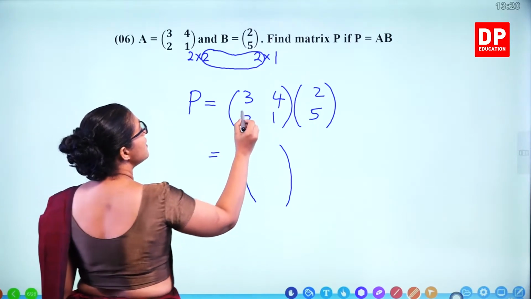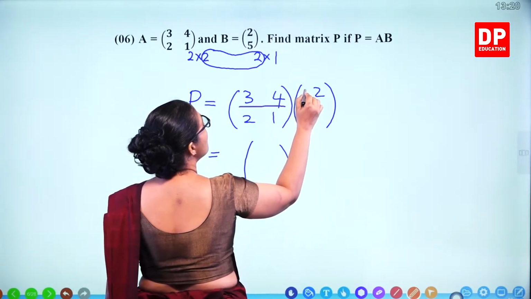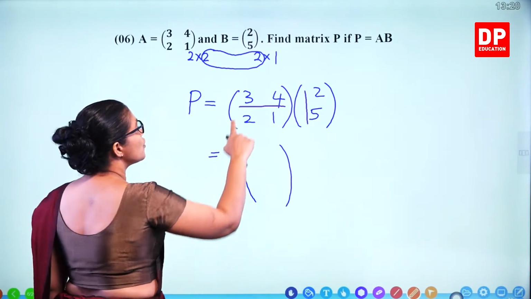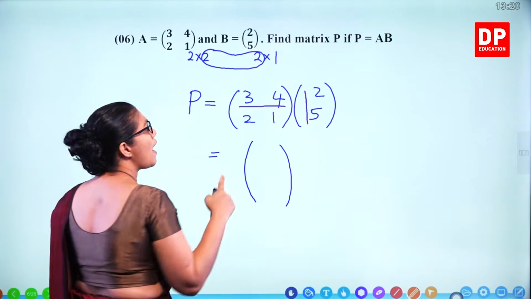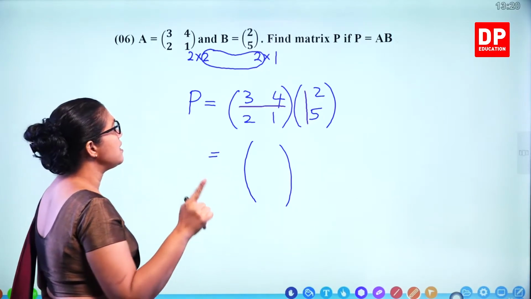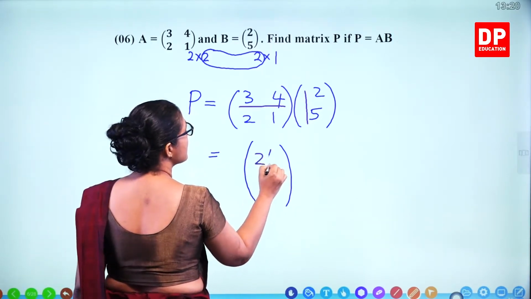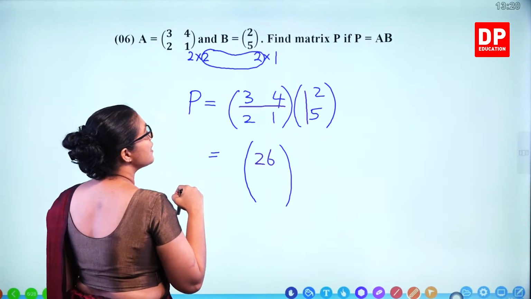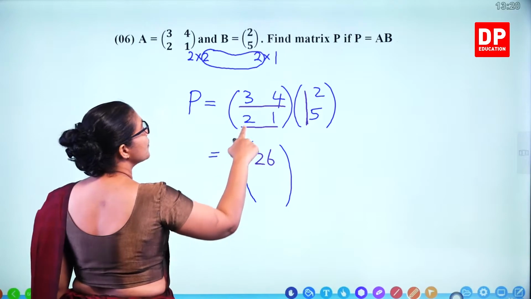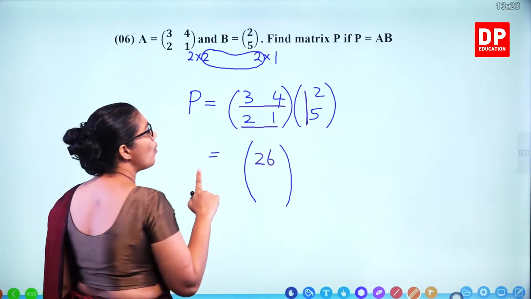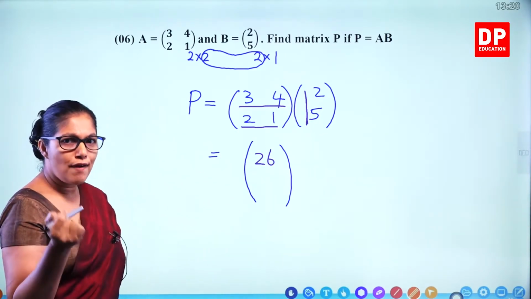First number, that's first row, first column. So 3 times 2, 6. 4 times 5, 20. 20 and 6, 26. The next one, second row and the first column. 2 times 2, 4. 1 times 5, 5.